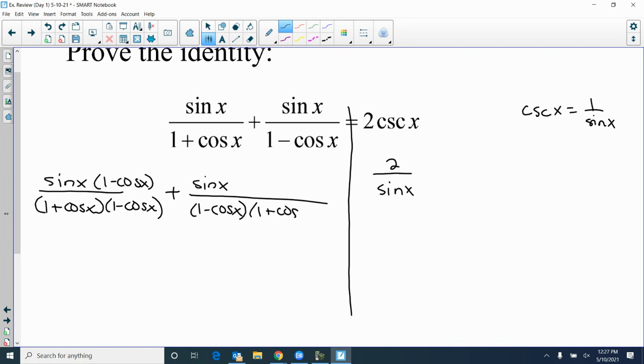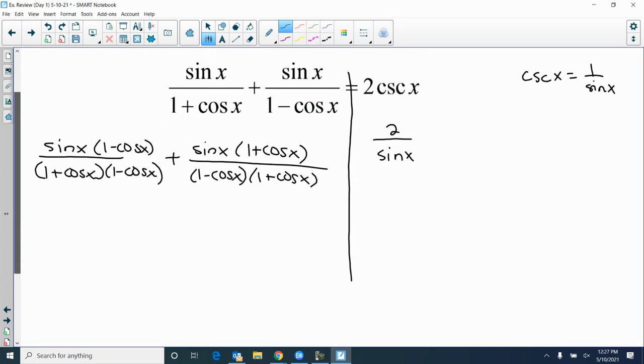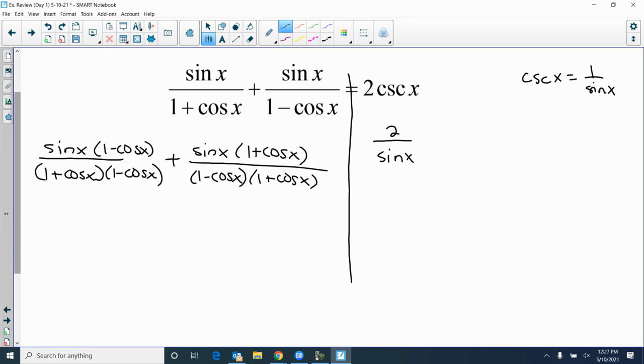Multiply that one by 1 plus cosine of x. They both have 1 plus cosine of x times 1 minus cosine of x.